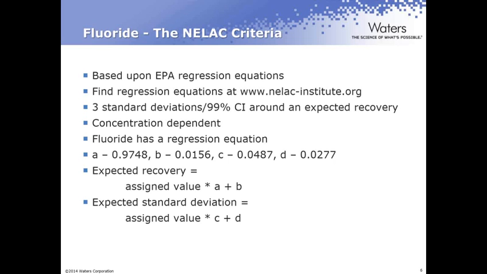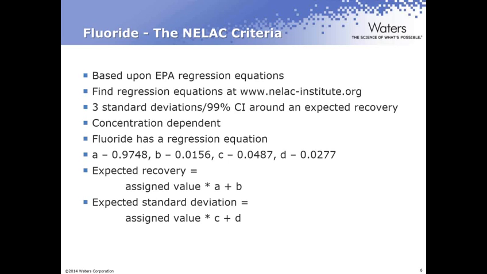With all that data, the EPA has established regression equations, which let us know what the expected recoveries and expected standard deviations are for all the analytes based not only on the methods that are available, but all the different people that are running those samples as well.